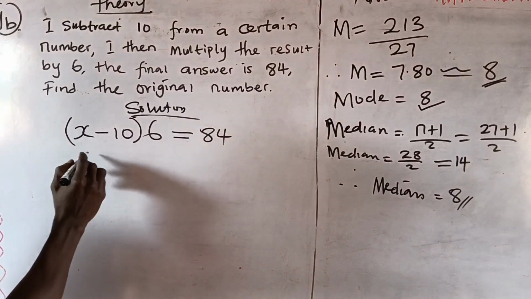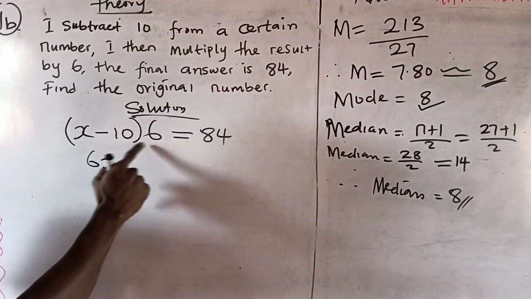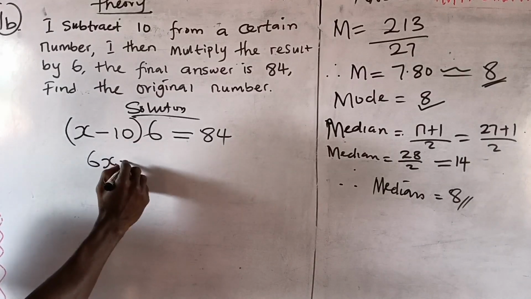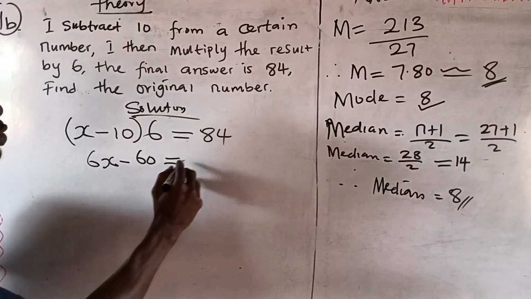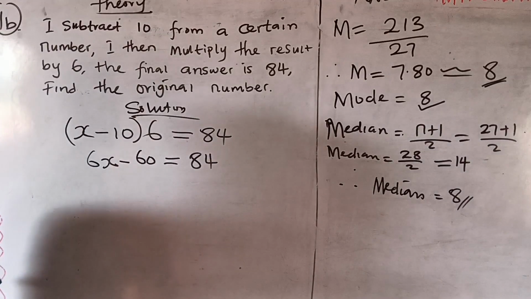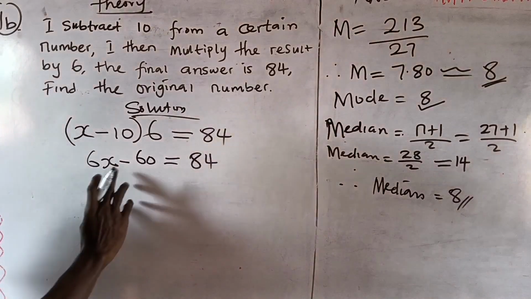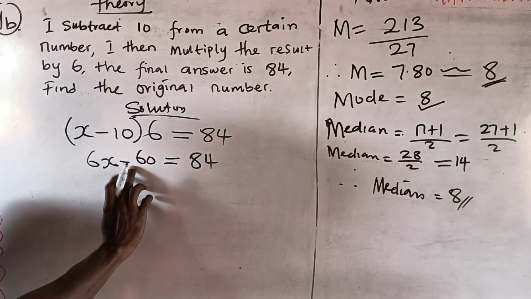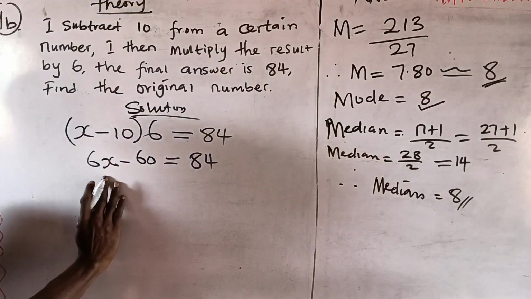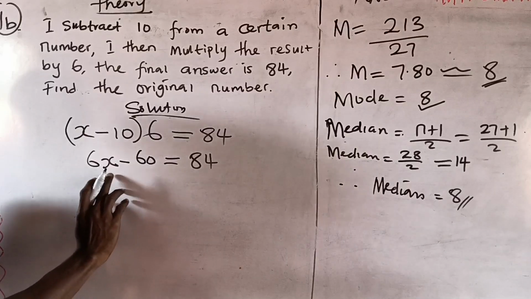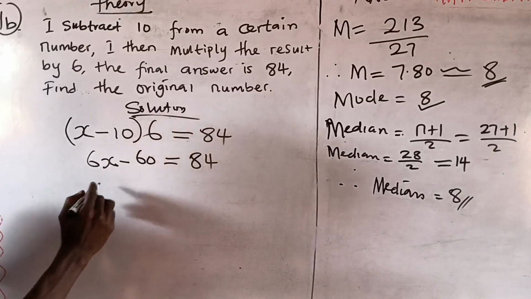6 times x will give us 6x. This minus, put the minus sign, 6 times 10 will give us 60, equals to 84. Are you following? Alright, so we are going to take this minus 60 to this side of the equation so that this 6x will stand and at the end we'll get the result of the unknown.